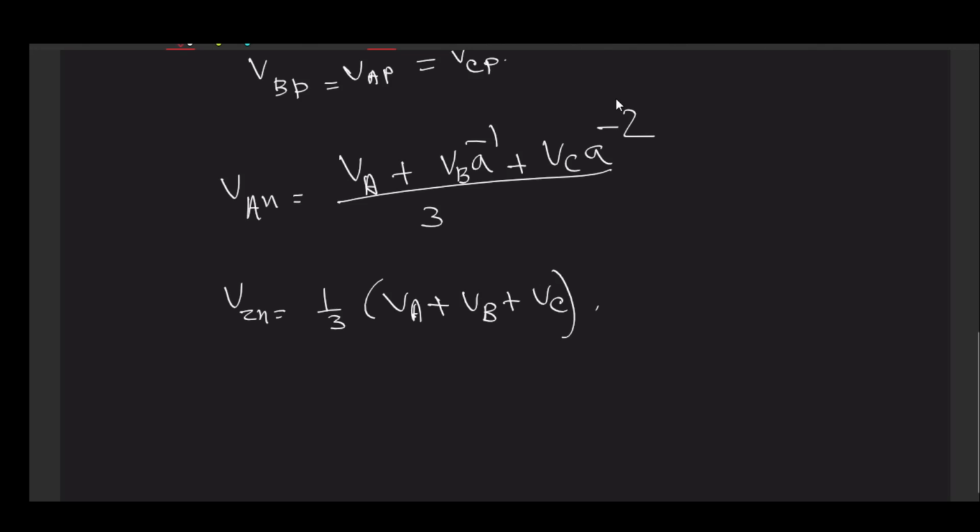So if you add, what you will get is your zero sequence. Sorry, it should be VAZ is equal to VBZ is equal to VCZ. All three are in phase, right? And here, while writing AZ, we are indicating all the zero sequence.